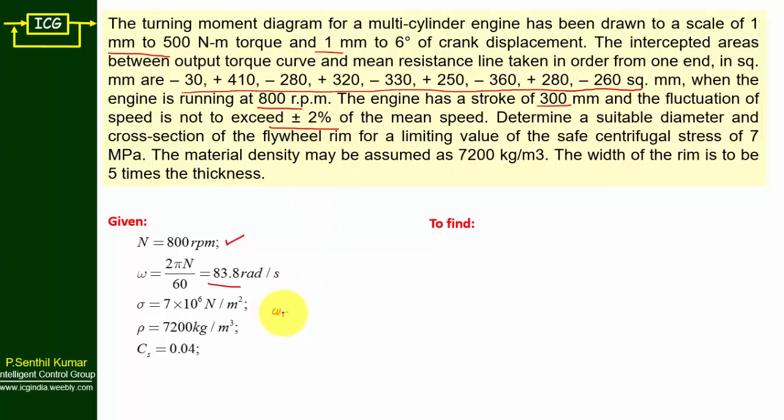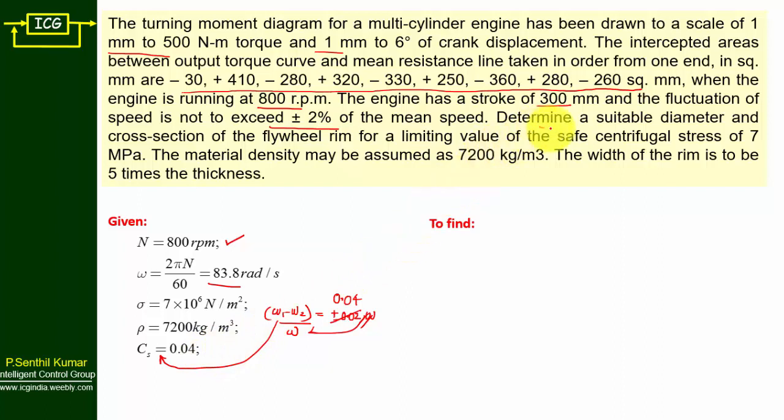So omega 1 minus omega 2 equals plus or minus 2% of mean speed. Plus 0.02 and minus 0.02, I can take as 0.04. Then omega 1 minus omega 2 divided by omega is nothing but Cs. So Cs equal to 0.04.